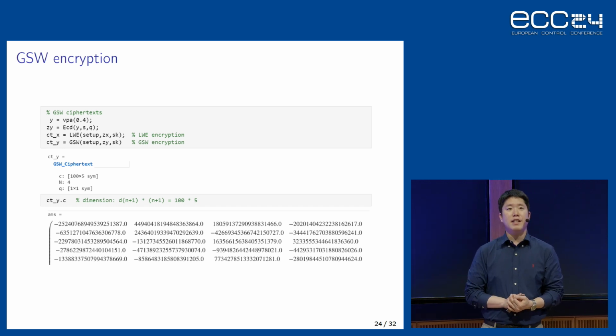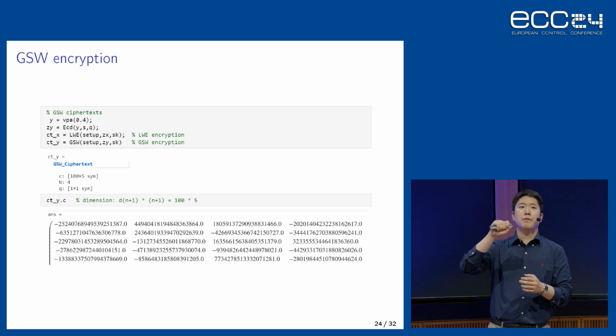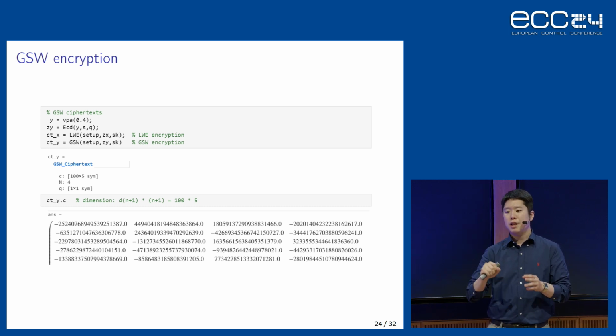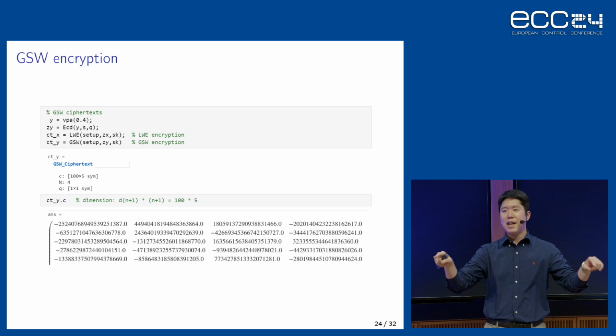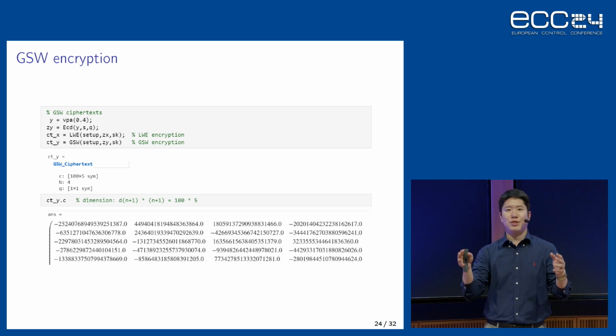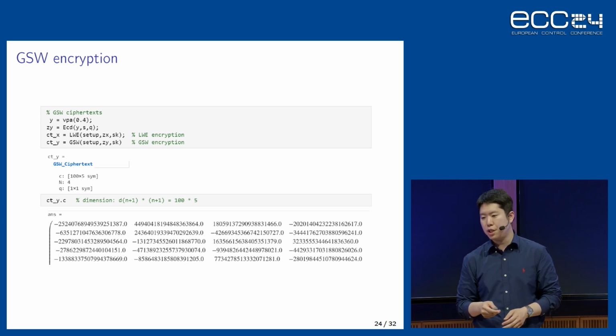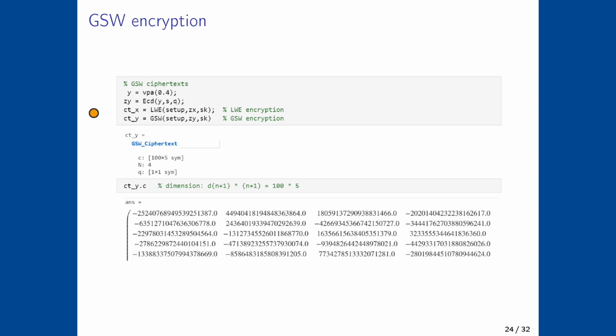So what we have seen is once you encrypt a number using the GSW multiplication, it results in a matrix with a large dimension. You can see that situation here. Here, the value of the message is 0.4, and I am encrypting this number using the GSW encryption with the code, and you can see it results in this size of matrix.